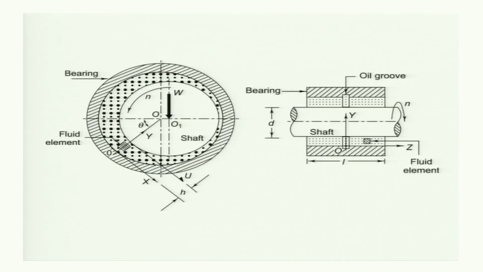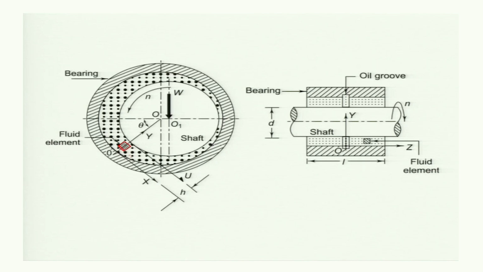So, with this we have a shaft which is rotating with speed n, and within the clearance space a fluid element is taken, shown by dots.